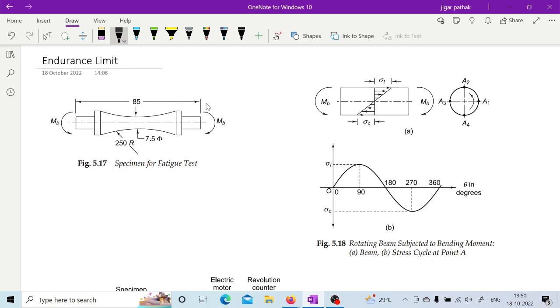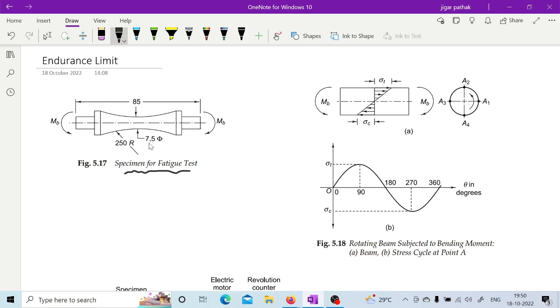In order to have an idea about the endurance limit, what is generally done is a specimen for this fatigue test is made with some standard dimension, as you can see in this figure. This is standard geometry, and the surface finish of this component is also very high, so stress concentration is not there.